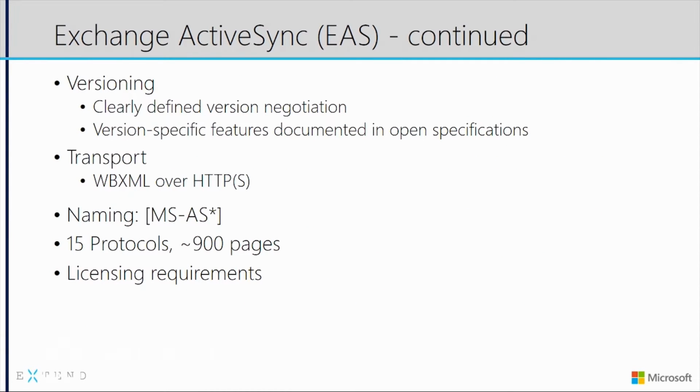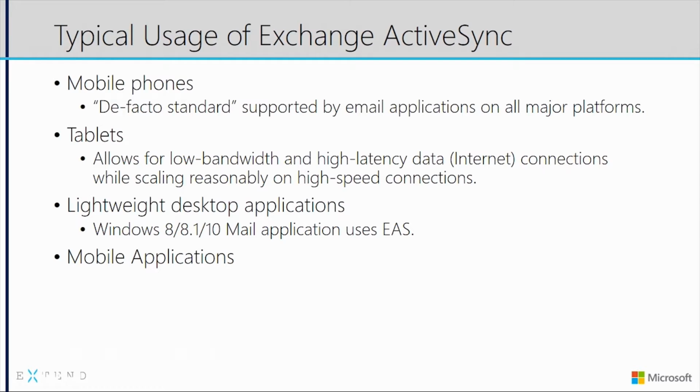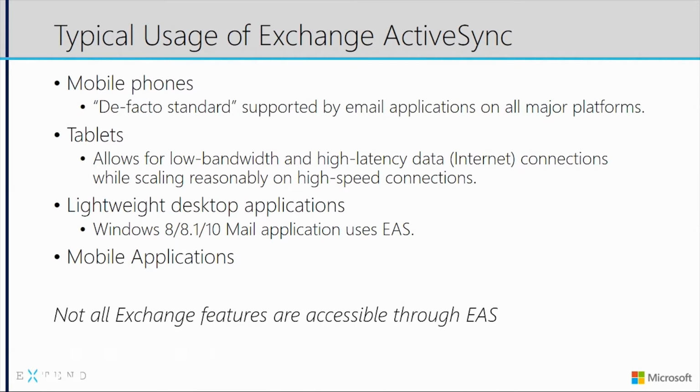It's specifically designed for the mobile world. Transport is WBXML over HTTPS. And as I said, mobile phones, tablets, and some desktop applications are using it as well. Not all features are accessible through this.